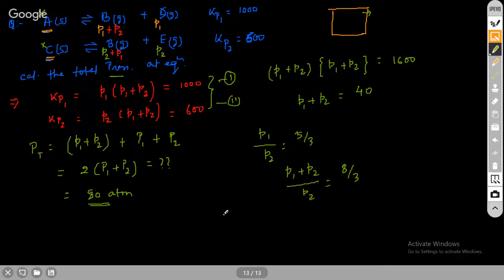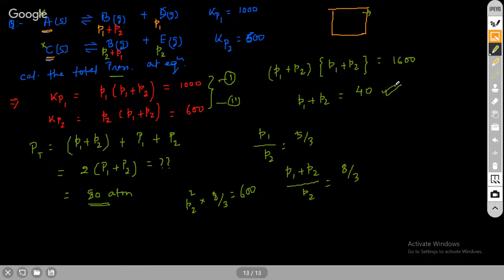Substitute here, you'll get P2 square into 8 by 3 is equal to 600. So when you solve this, you'll get the answer. Yeah, correct. You can solve. That's not a big deal. You can solve and then you have to find out P1 plus P2 and then this. But this is, I think, the easier method. Anything, if you get in your mind, you can solve this.